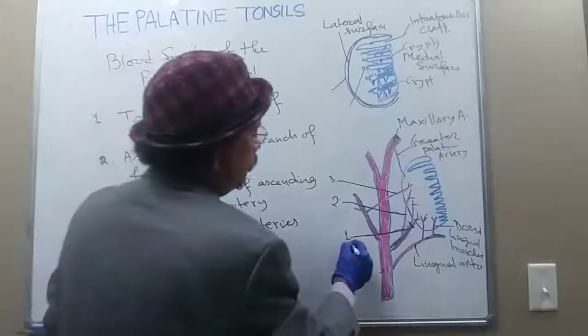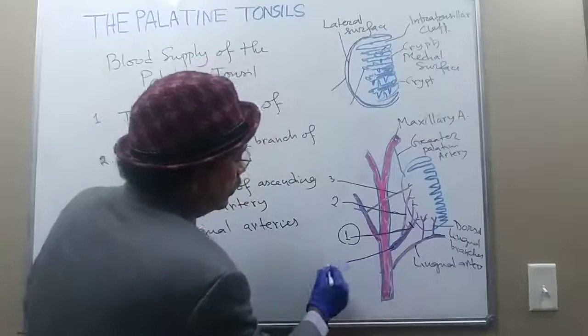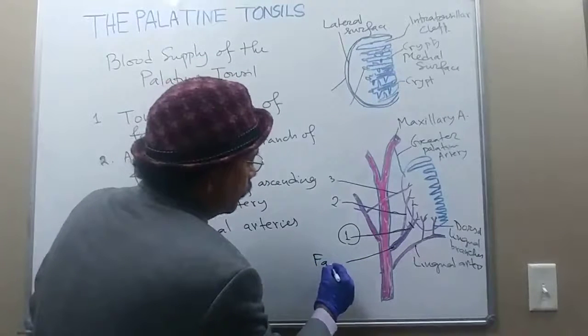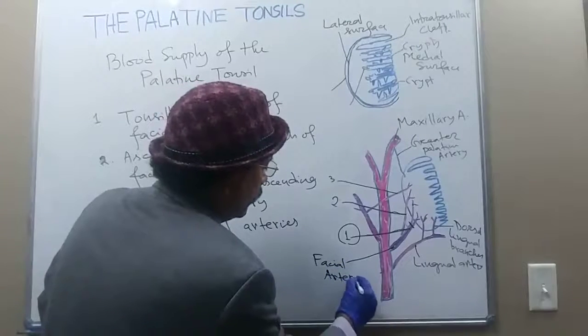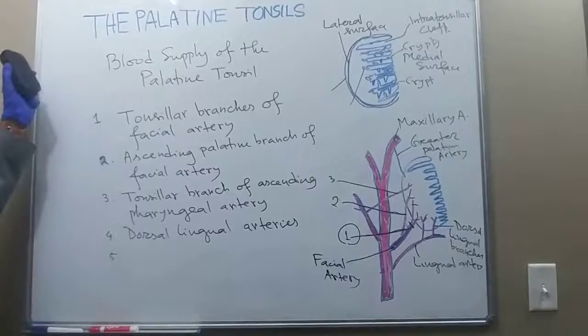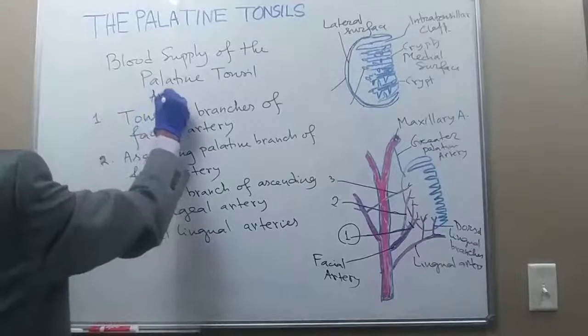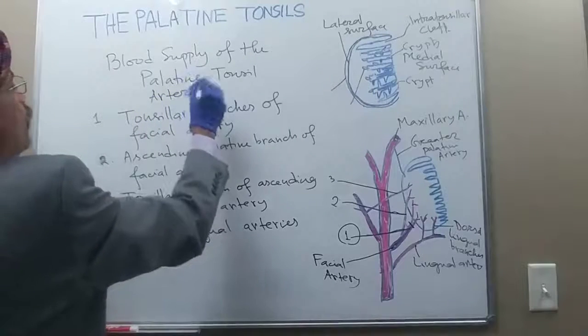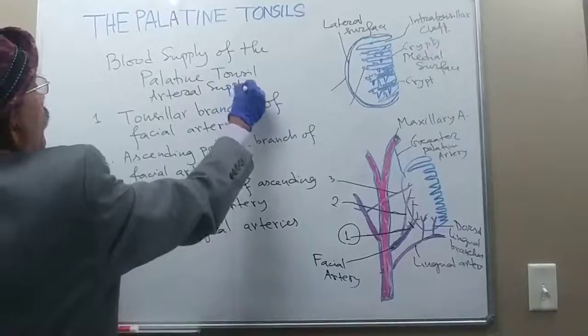But most important is the facial artery, its tonsillar branch. We got the arterial supply.